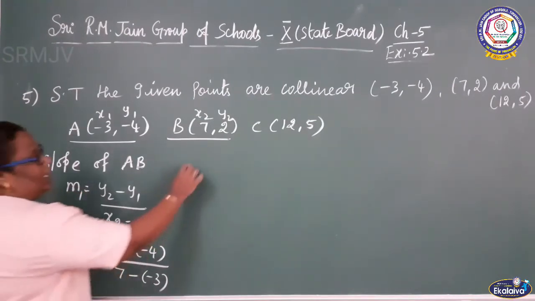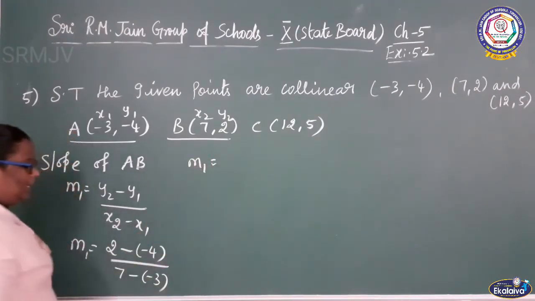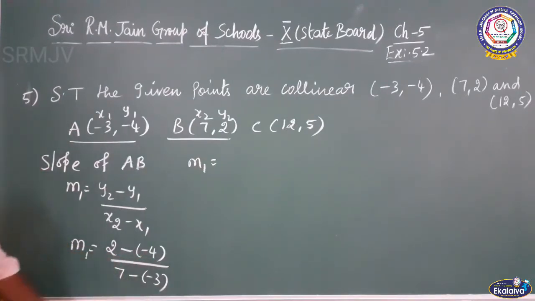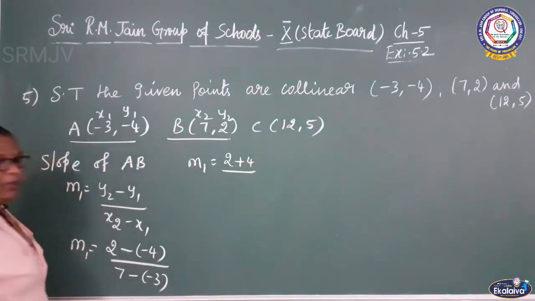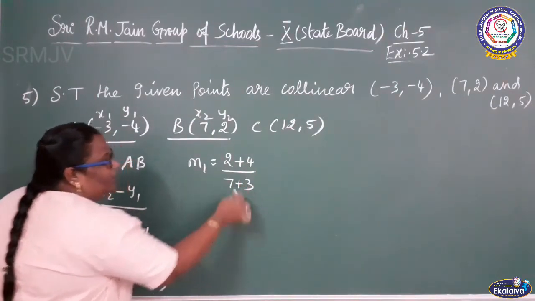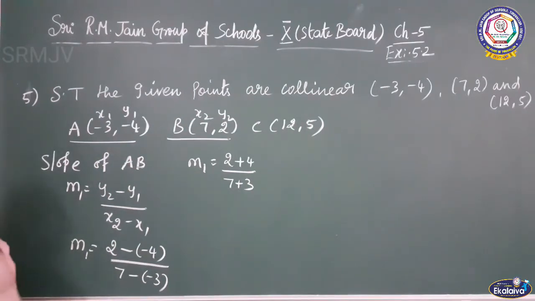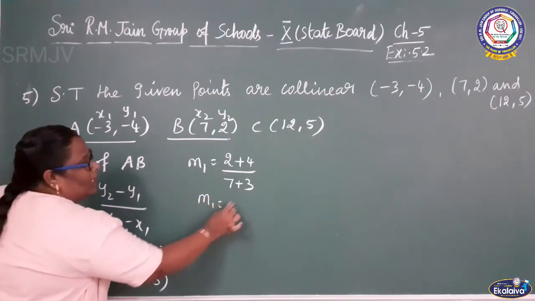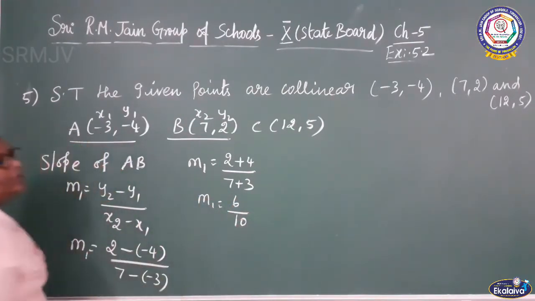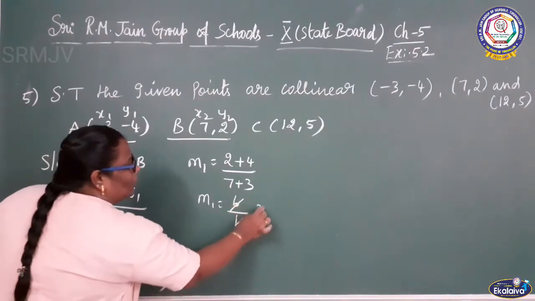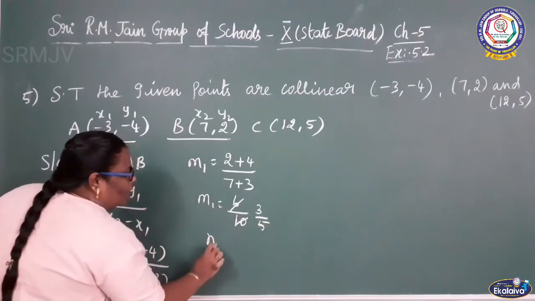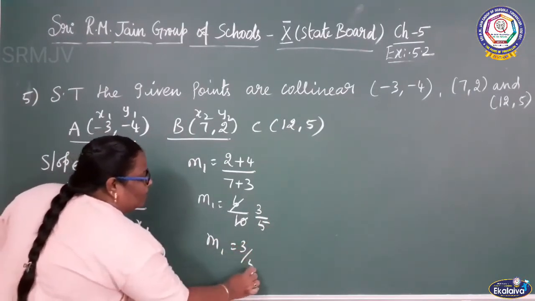So m1 equals 2 plus 4, since minus into minus becomes plus, by 7 plus 3. M1 equals 6 by 10. When you cancel, the value is 3 by 5. M1 equals 3 by 5.